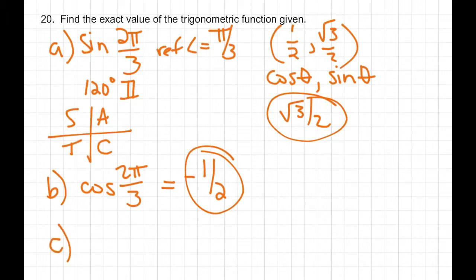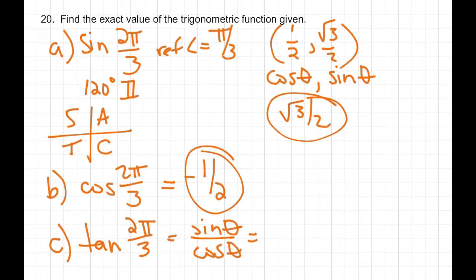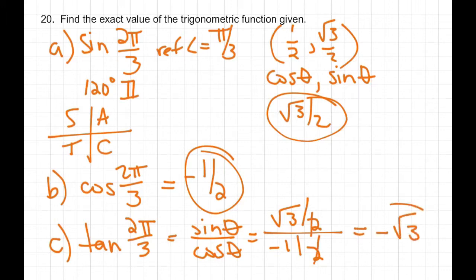C, I want to find the tangent of 2 pi over 3. Tangent, we said, was sine over cosine. So sine over, remember we're in the second quadrant, so the cosine is negative. And the nice thing about these is the 2's just go away, so you get negative square root of 3.